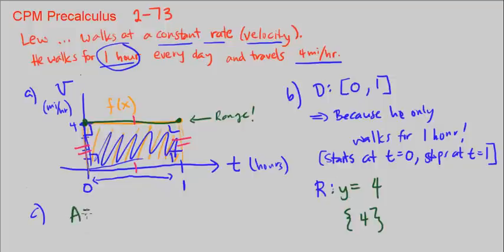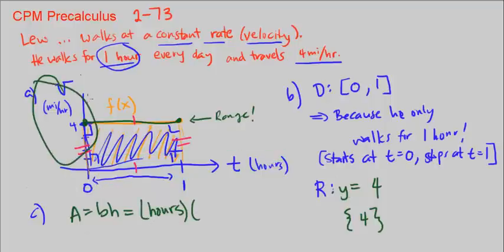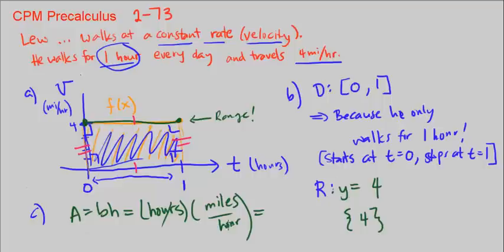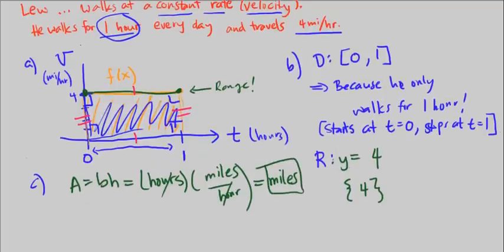I know the area of a rectangle is base times height. The base units are hours, times the height, velocity in miles per hour. We multiply these, the hours cancel, and we're left with just miles. So the units of the area are miles.